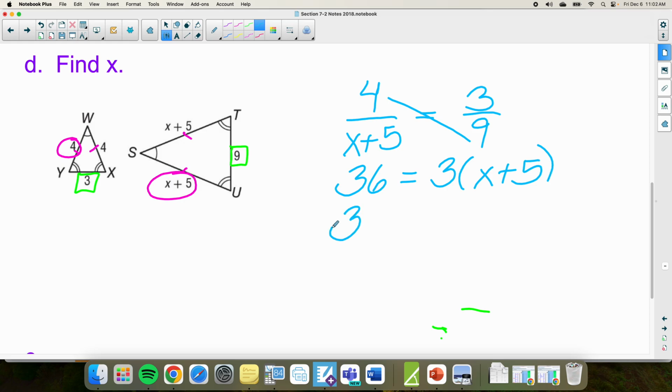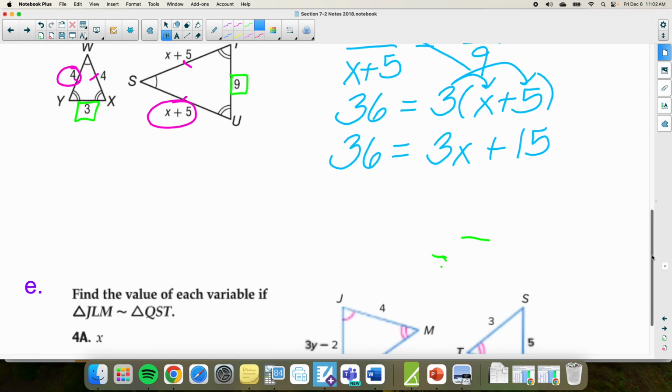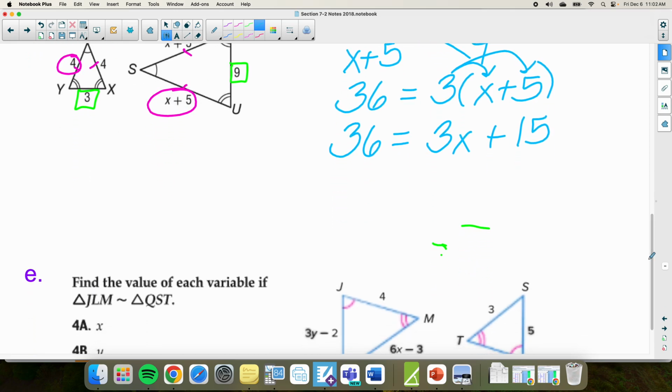And then we get 36 equals 3 times x is 3x, 3 times 5 is 15. Then what we're going to do is solve for x. So we're going to subtract 15.